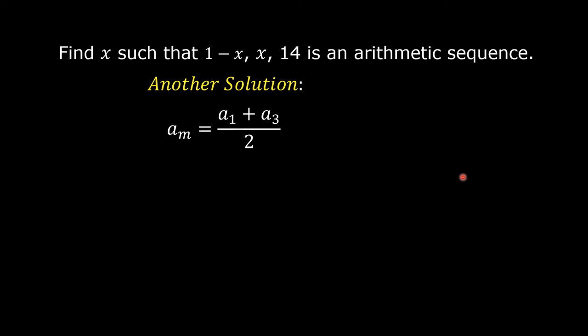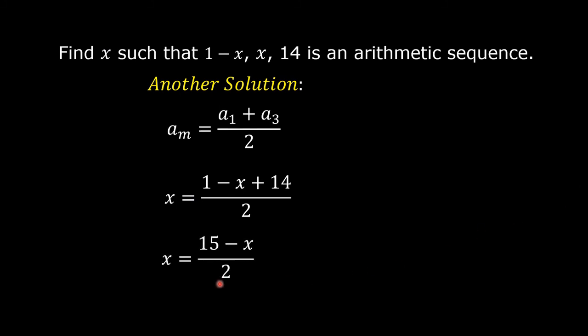A sub m is equal to a sub 1 plus a sub 3 over 2. A sub m is the middle term, which is x, and then a sub 1 is 1 minus x, and then a sub 3 is equal to 14.